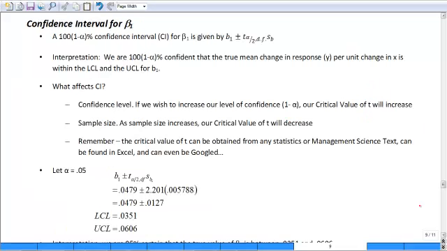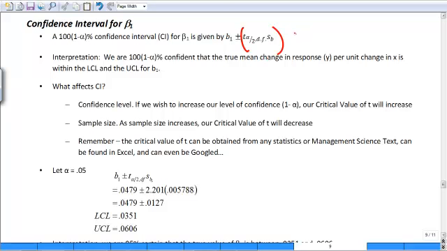So for the confidence interval for the slope, we're going to use a formula that's very similar to formulas that we've used for all confidence intervals. We've got a point estimate, we have a critical value of t, and we have a standard error of the point estimate. We put these together: critical value of t times the standard error.